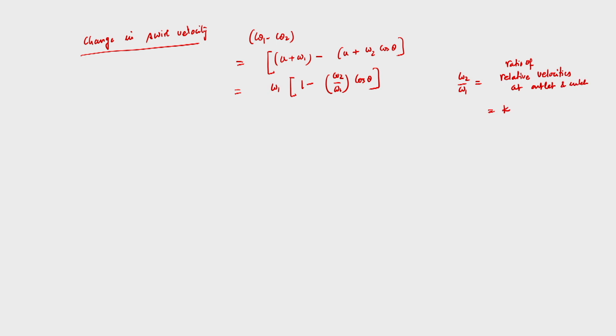If I write it in terms of K, which depends upon the smoothness of the blade surface, then it is W1 into (1 minus K cos theta). So K is the ratio of relative velocities at the outlet and inlet, which depends upon the smoothness or roughness of the blade.